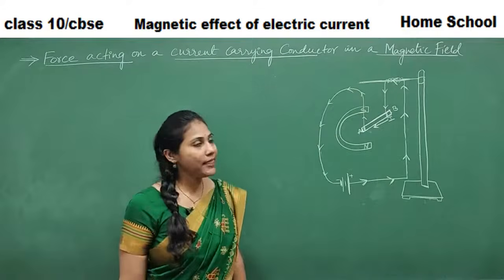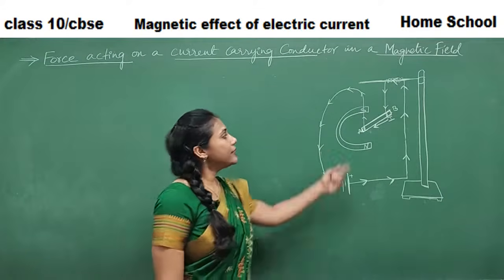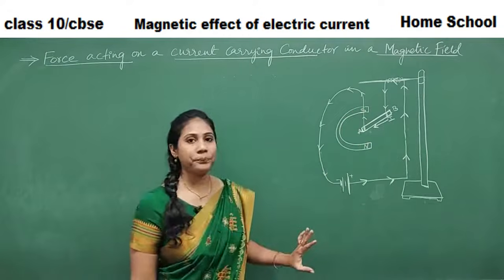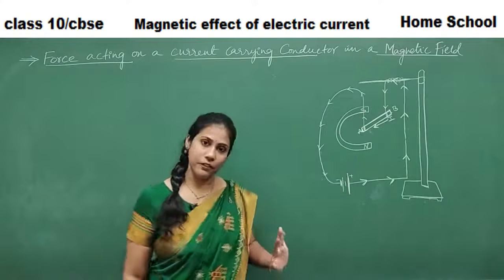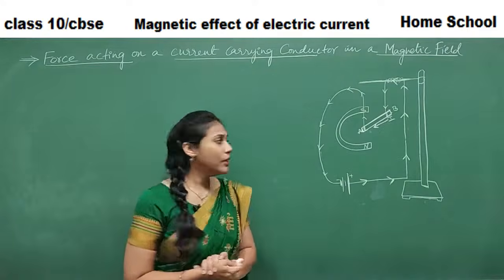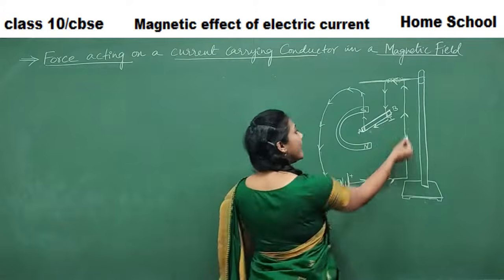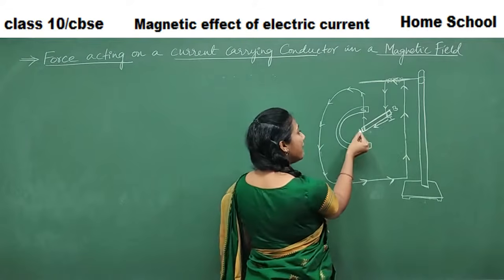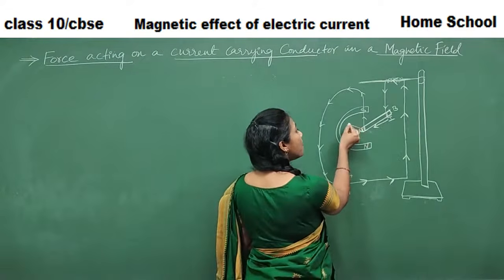So one important observation you have to make is that the rod is kept in between the magnetic field. Okay, horseshoe magnet. Fine. So this is our setup. And now, when the current was moving across the rod, you know what? Suddenly what happened was the rod has moved.